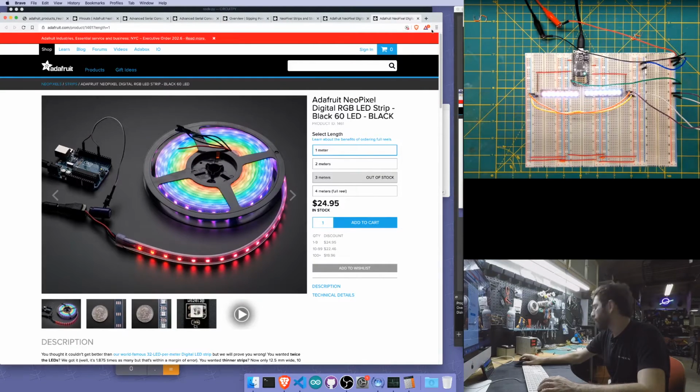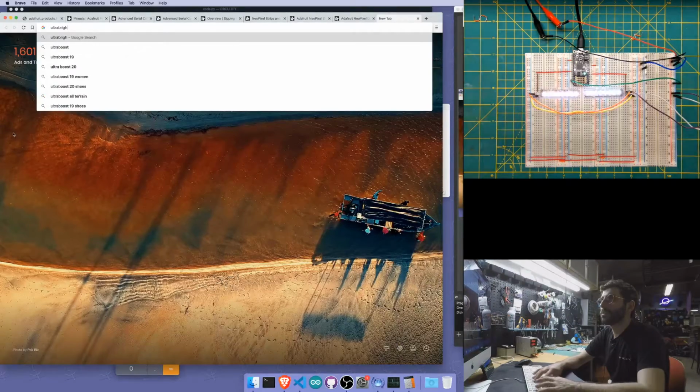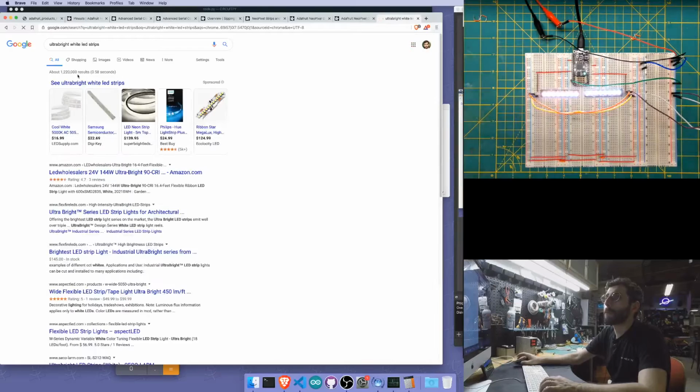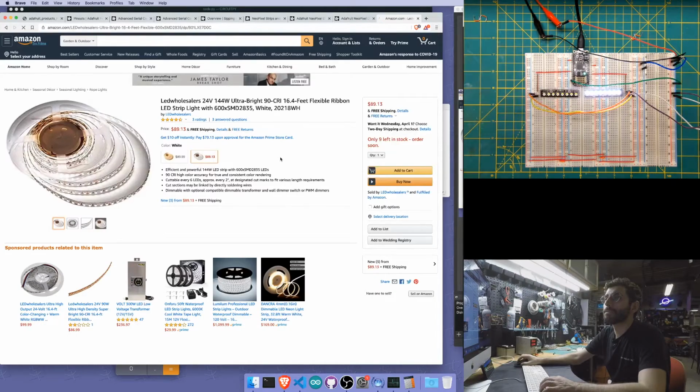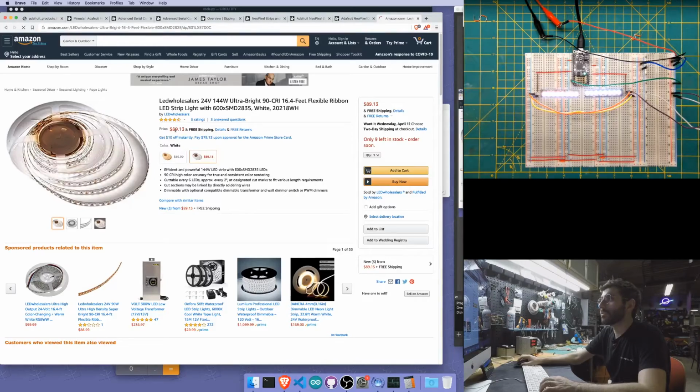I don't know that that density would be bright enough to meet the legal requirements for how bright a strobe needs to be. So maybe just finding ultra bright white LED strips. Yeah, these are prohibitively expensive.